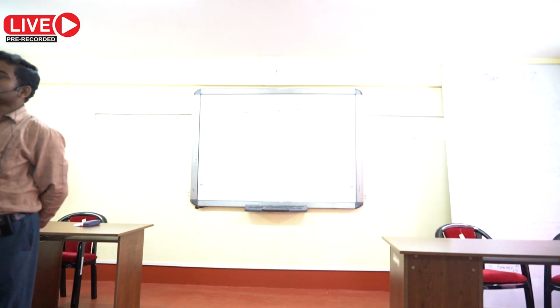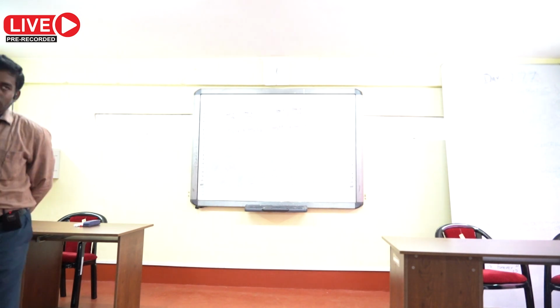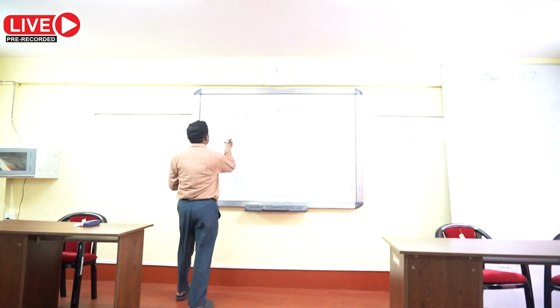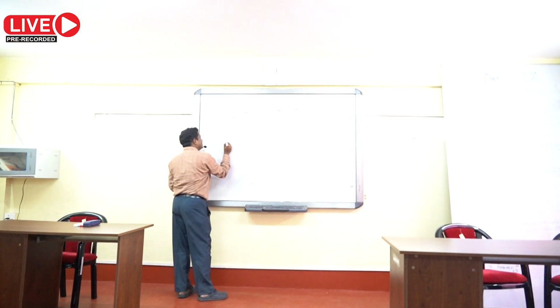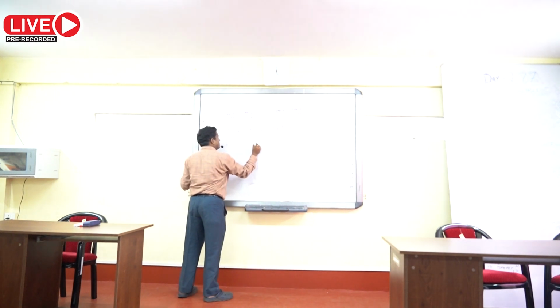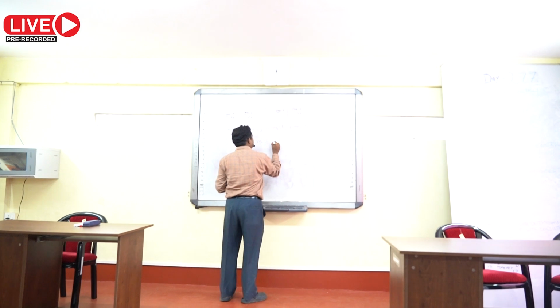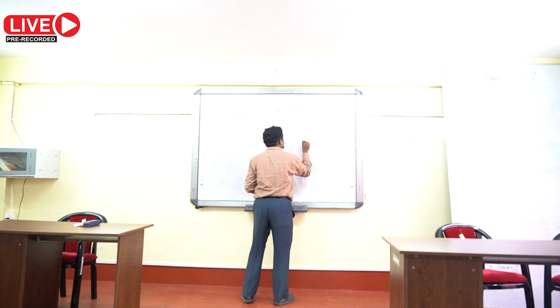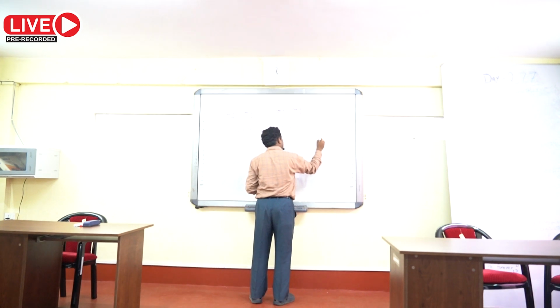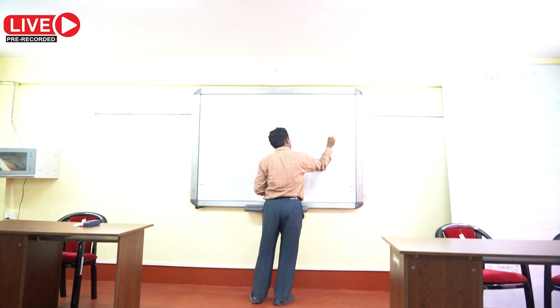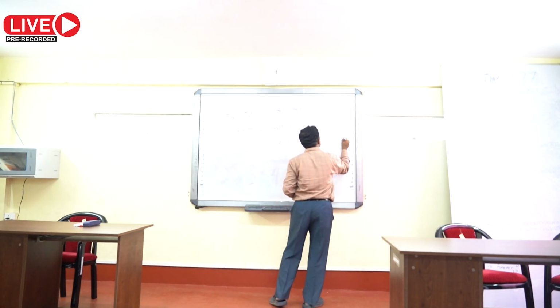We get conservation of kinetic energy also, and then we can write here half m1 v1 square plus half m2 v2 square equal to half m1 u1 square plus half m2 u2 square. This is my second equation.